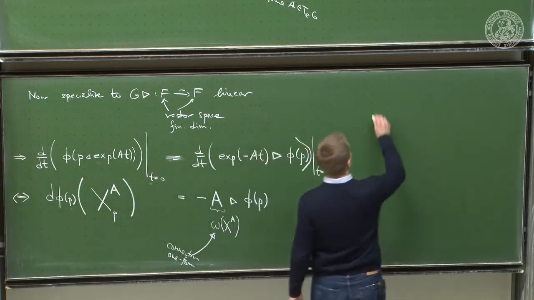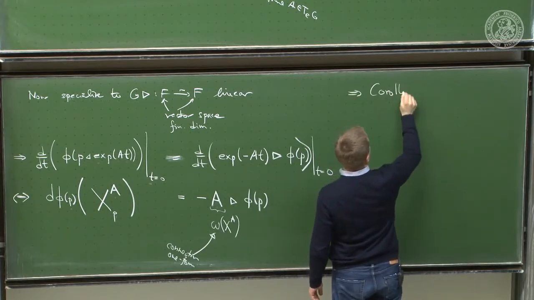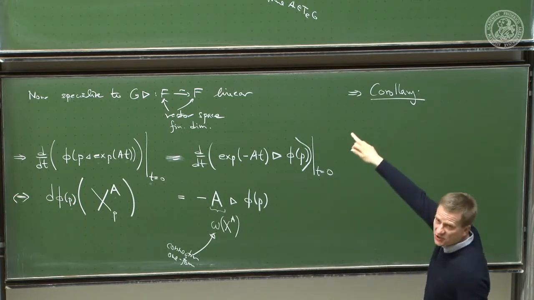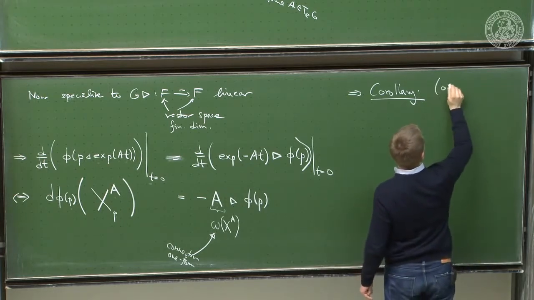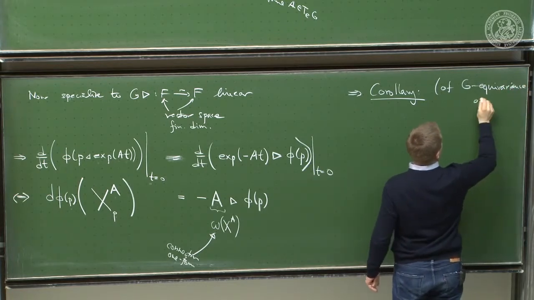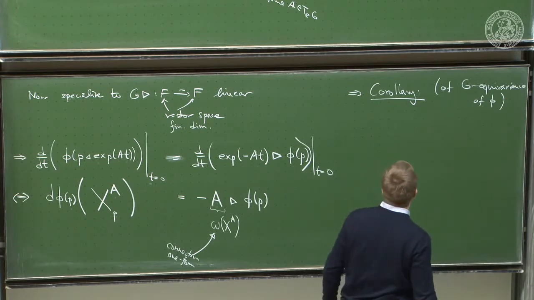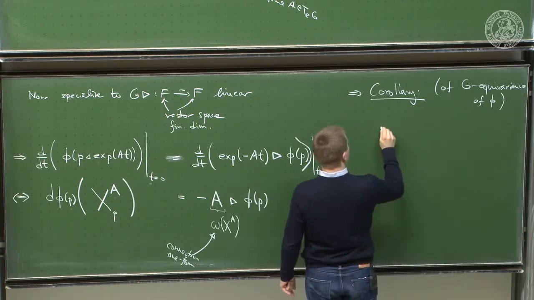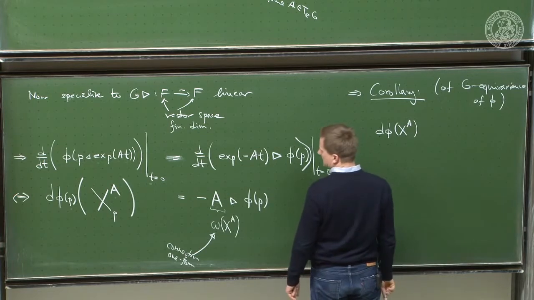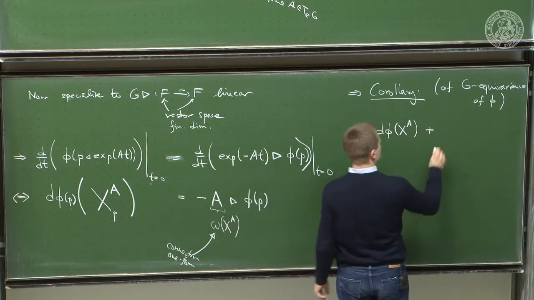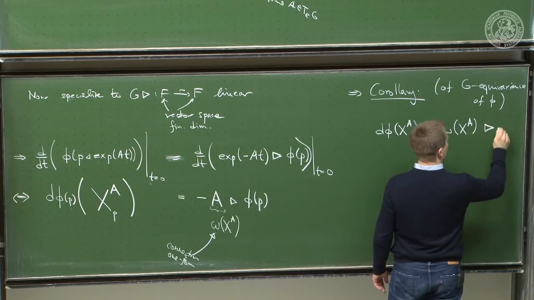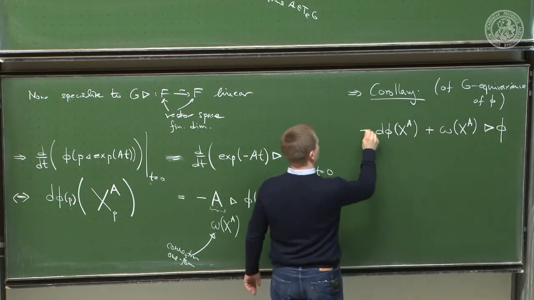And altogether, we get the corollary, and it's the corollary of the G equivariance of phi, is that d phi of a vertical vector field x up A plus, take this to the other side, omega of x up A acting from the left on phi is 0.